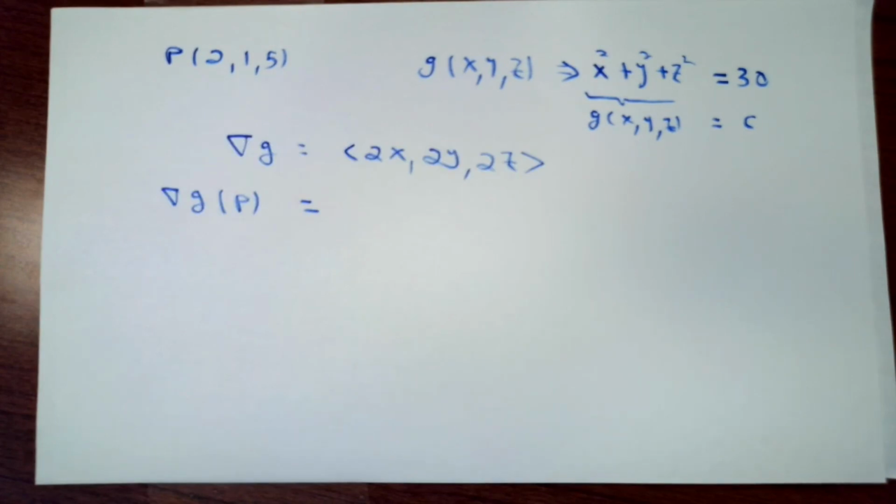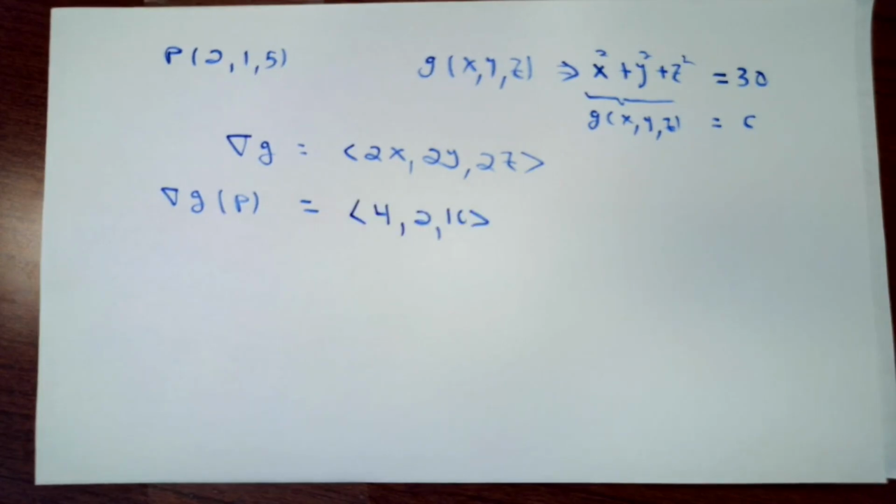At general points of the surface, the gradient of g is the vector with components 2x, 2y, and 2z. At point P in particular, I know that x is 2, y is 1, and z is 5.